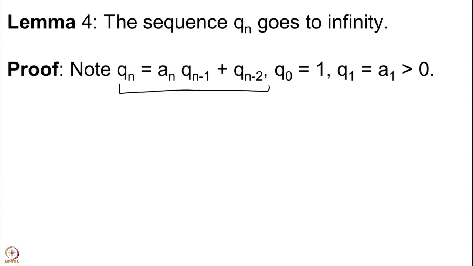Qn is an Qn minus 1 plus Qn minus 2. Since an are bigger than or equal to 1, we have that Qn is going to be bigger than or equal to Qn minus 1 plus Qn minus 2, and therefore, all these are positive quantities, and the nth one is at least the sum of the previous ones.